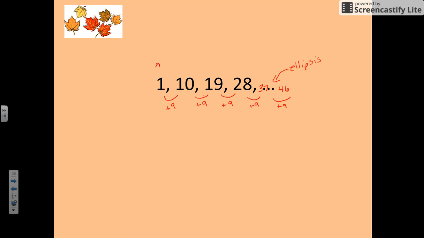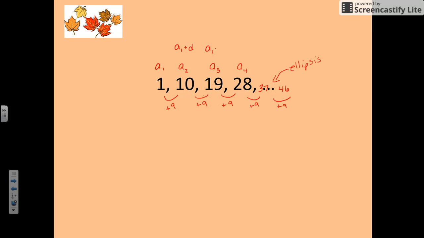So to start with, this is called our first term. This would be our second term. This would be our third term, and this would be our fourth term. And if I want to find the next term or the second term, I can take the first term and add what I call our common difference. In this case, it would be 9. So our first term is 1 plus 9 would give us 10.